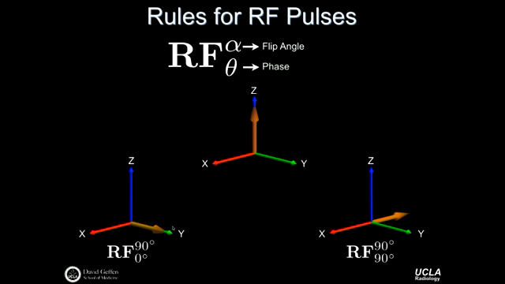If my thumb's along x, I'm going to take any z magnetization that I had, taking this as my initial state, and rotate it down along the y-axis. And now if I come over to this state here, I'm not phased along y anymore. I'm phased by 90 degrees. 90 degrees brings me over to the y-axis, and now I rotate that way, and my bulk magnetization falls along the minus x-axis. So let's say I was phased by 180 degrees.